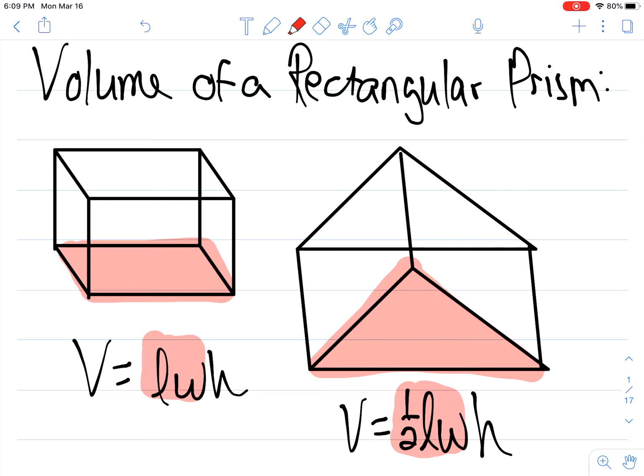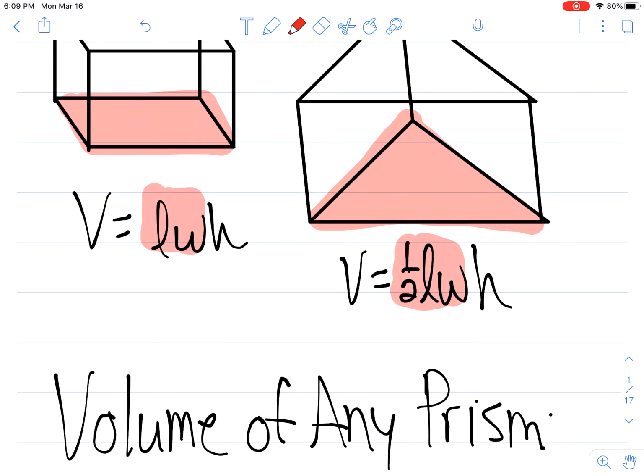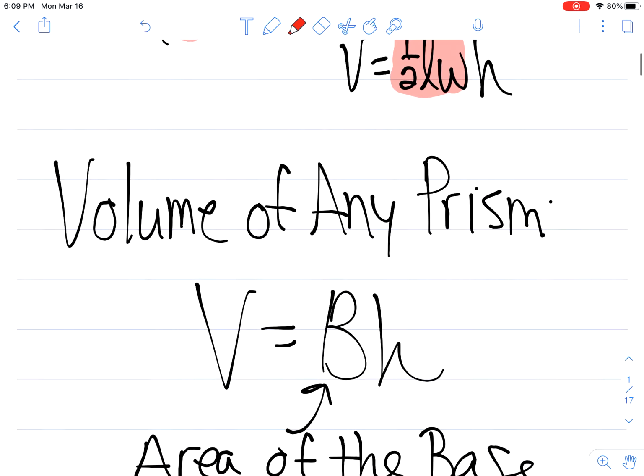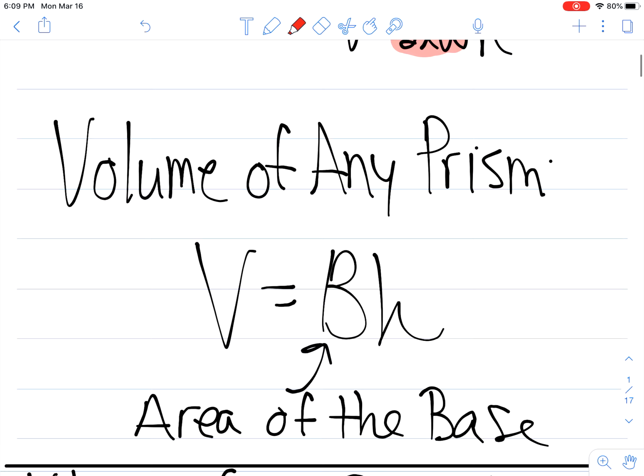Since prisms can have different shapes for their base, we have to generalize that a little bit. We just call the area of the base its own variable. For example, for the volume of any prism, we use the capital B right here to represent the area of the base of the prism.